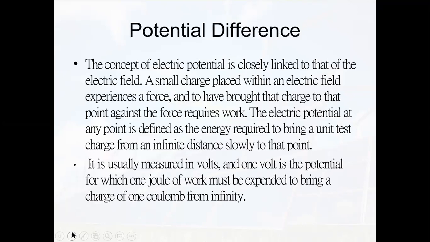The electric potential at any point is defined as the energy required to bring a unit test charge slowly from an infinite distance to that point. It is usually measured in volts, and 1 volt is the potential for which 1 joule of work must be expended to bring a charge of 1 coulomb from infinity.